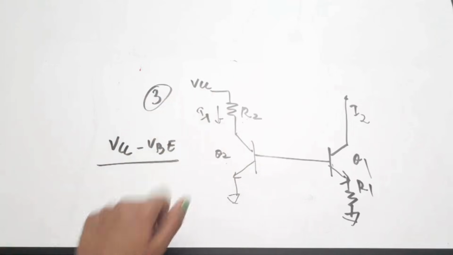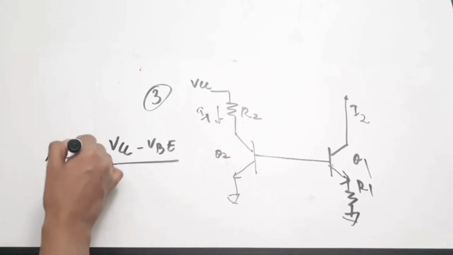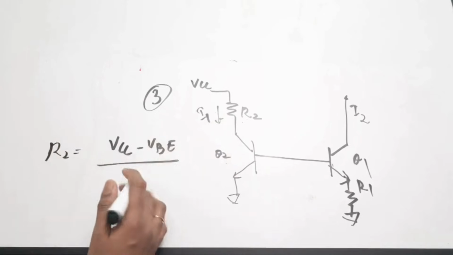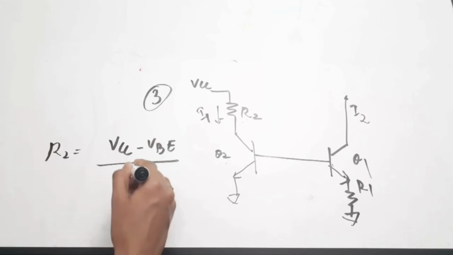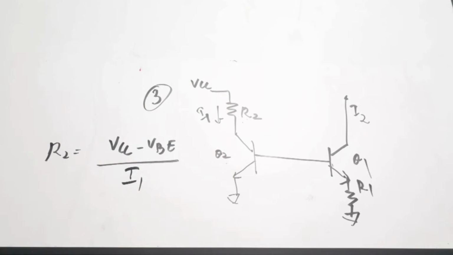Now you need to find R2, so R2 is voltage by current. I1 is the current flowing through it, which is clearly seen in the figure, and the value of I1 is given as 2 milliamperes. So just substitute the values and find the value for R2.